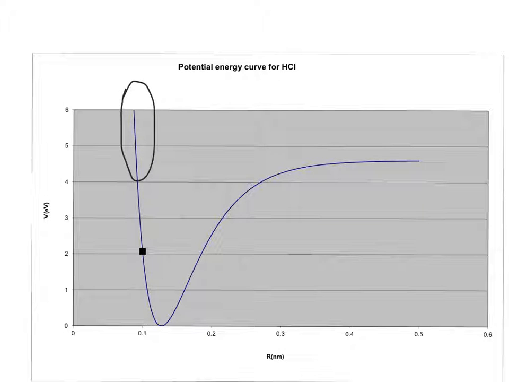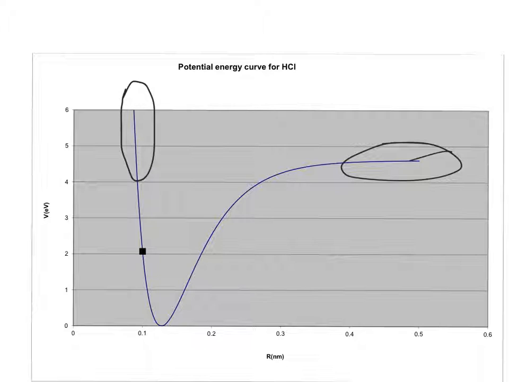This represents the repulsion between the two nuclei. There's a limit to how close they can get. And then as we pull the atoms apart, the potential energy function eventually levels off to a constant value, and out at infinity that represents separated atoms.